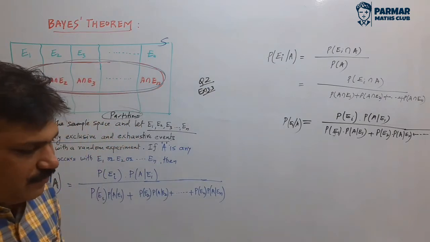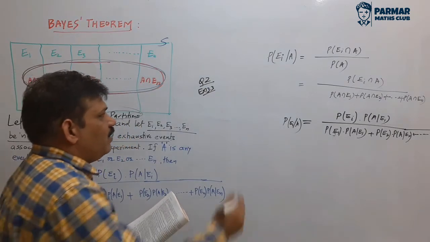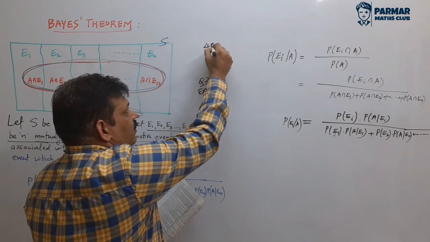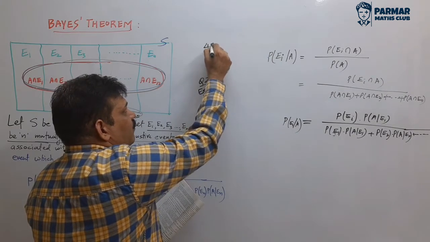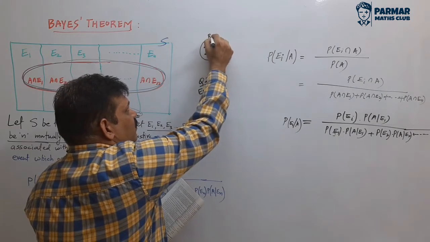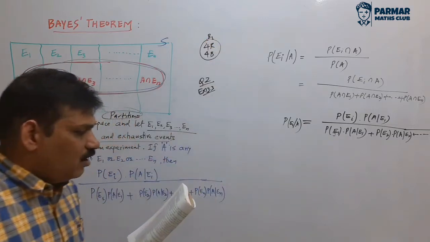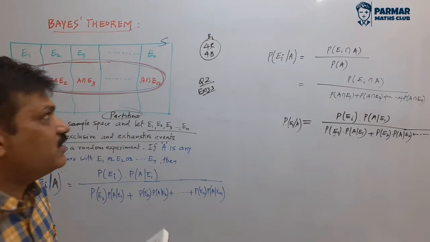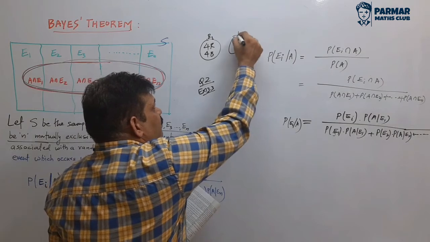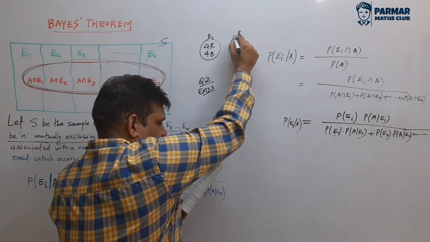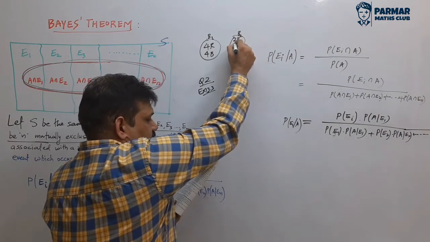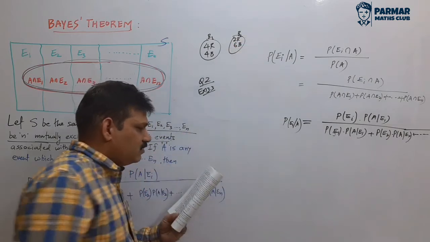A bag contains 4 red and 4 black balls. This is bag 1. Another bag contains 2 red and 6 black balls. Bag 2 contains 2 red and 6 black balls.